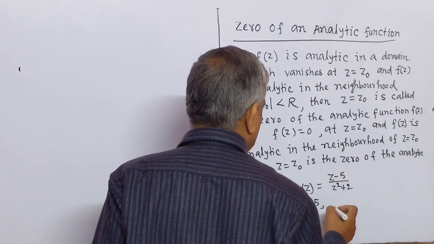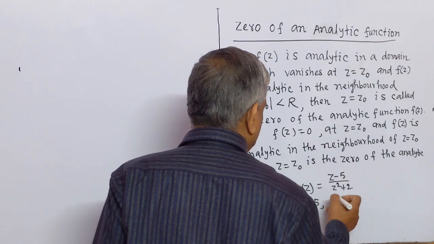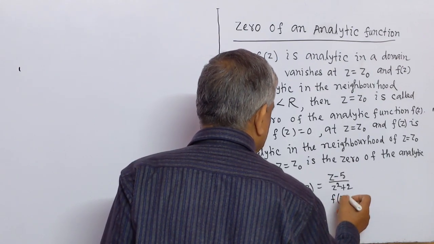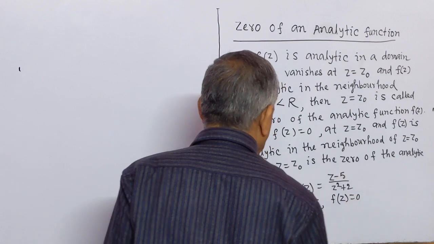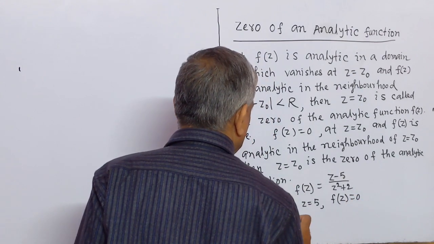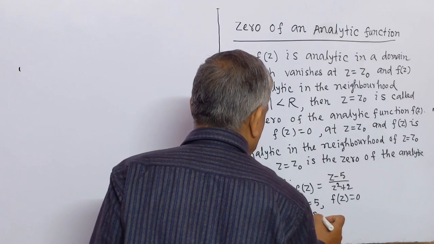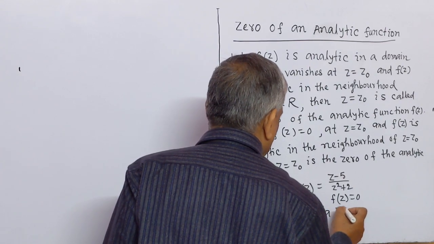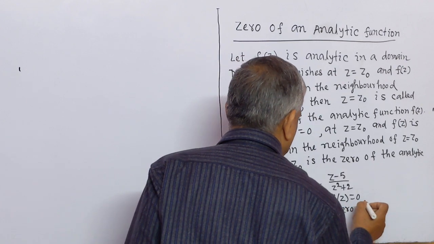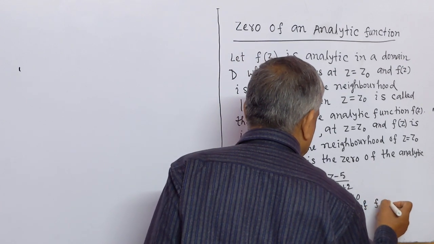That means at z equal to 5, f(z) equal to 0, therefore z equal to 5 is a zero of f(z).